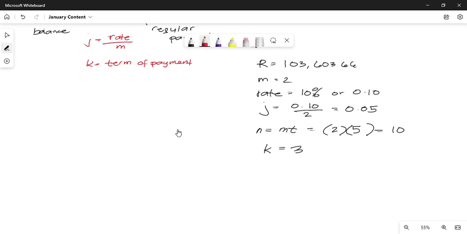Now let's solve. We have all the given information. Solution. So we have B sub 3 since K is equal to 3. The third term, we're looking for the outstanding balance after 1 year and 6 months, if we're paying semi-annually.